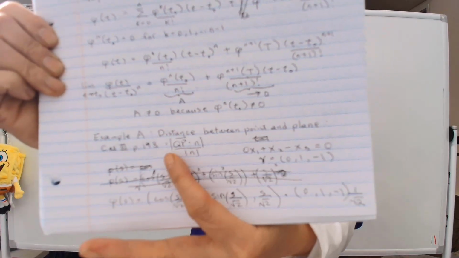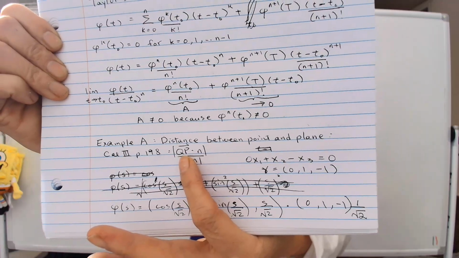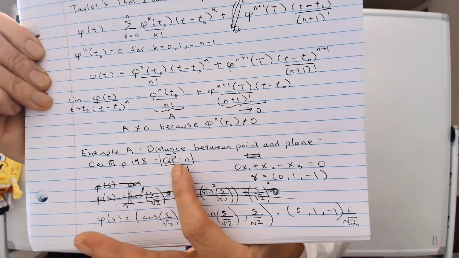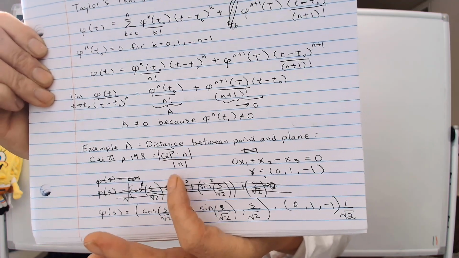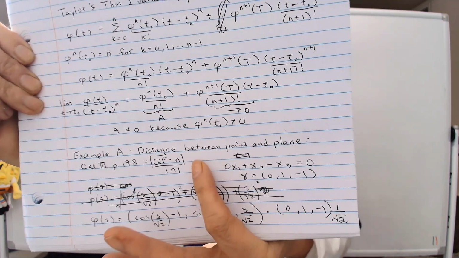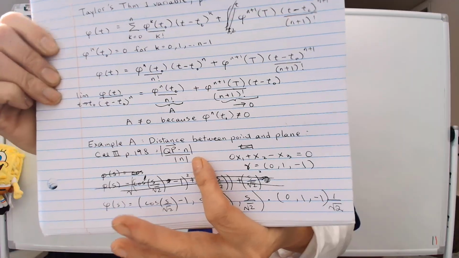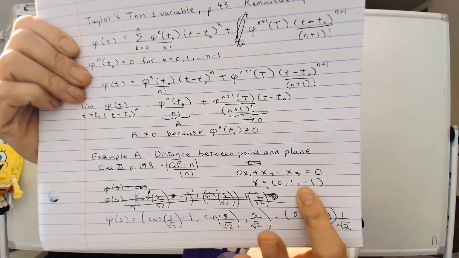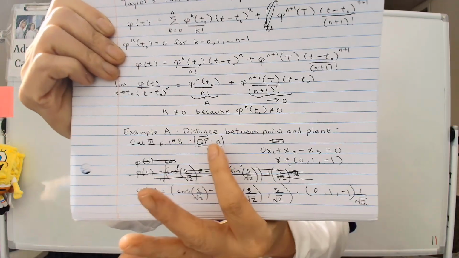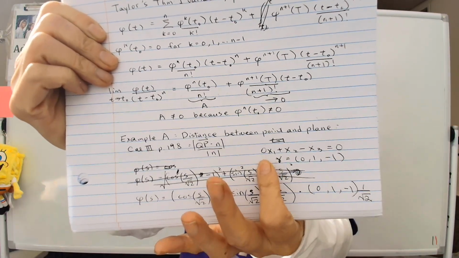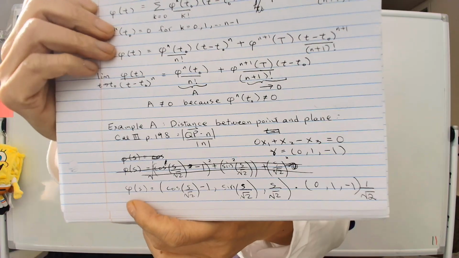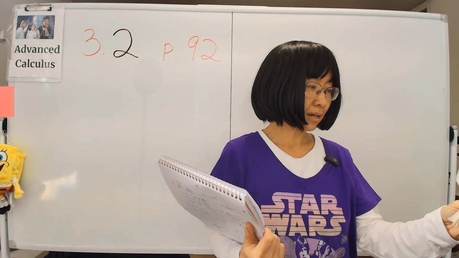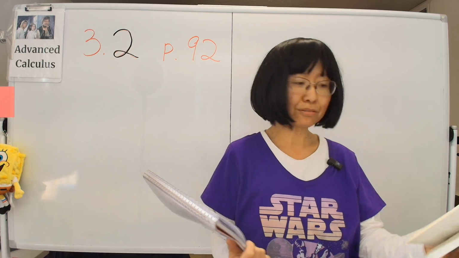The distance is between two points, the point on the curve and the point on the plane, and that would involve the normal vector of the plane, which in this case happens to be (0, 1, -1), because the plane is x2 equal to x3.